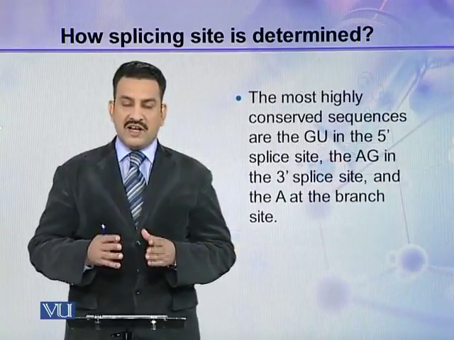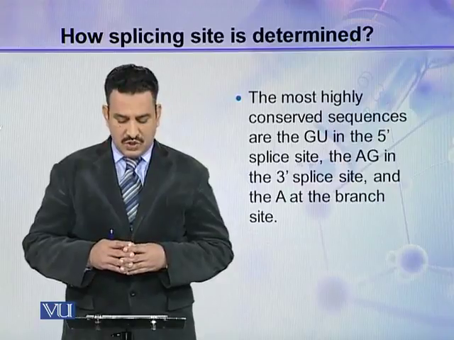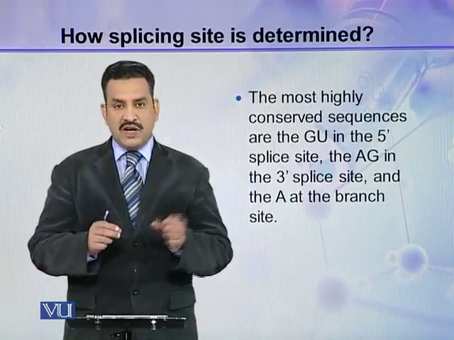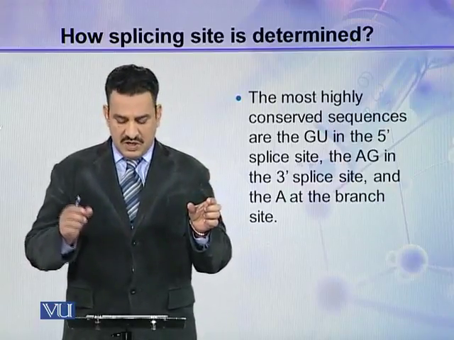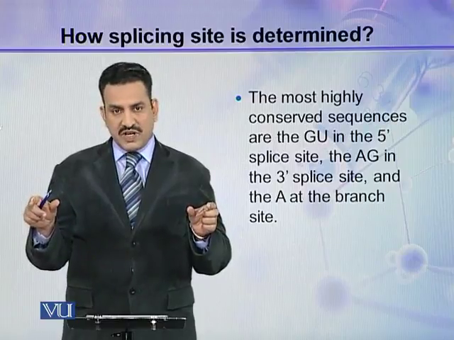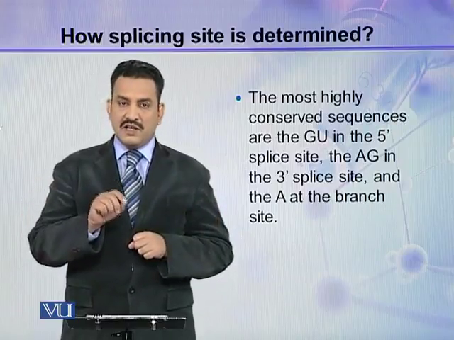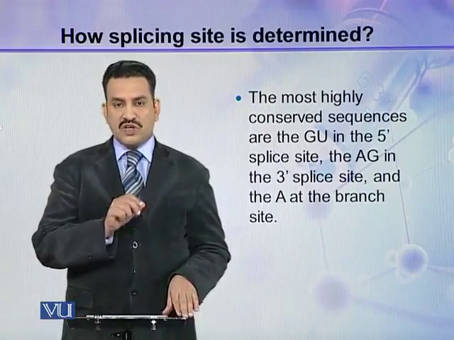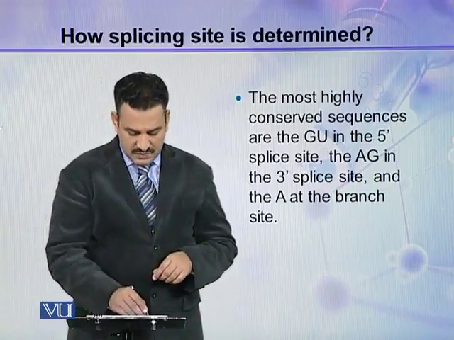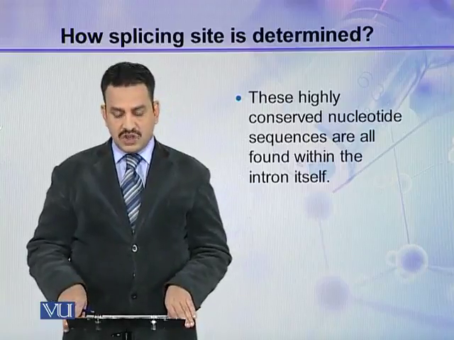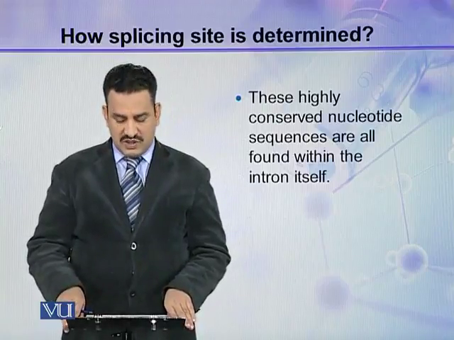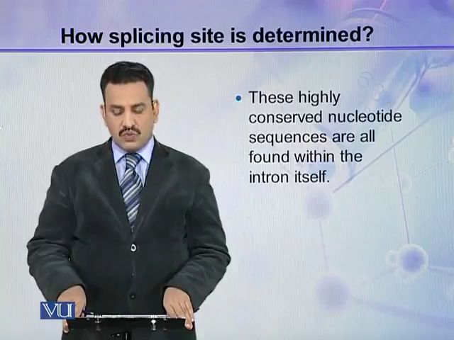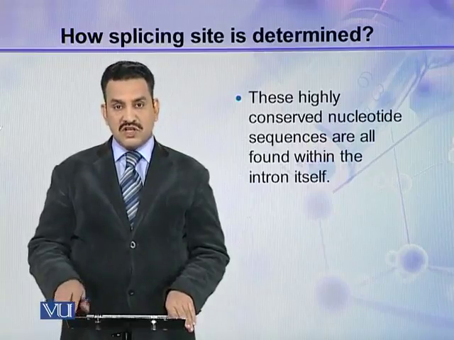The most highly conserved sequences are the GU at the 5' site, AG at the 3' site, and A in the branch site. So these nucleotides are highly conserved. These highly conserved nucleotide sequences are all found within the intron itself.